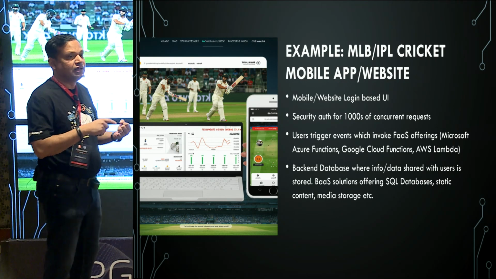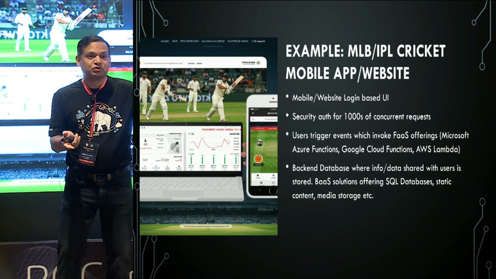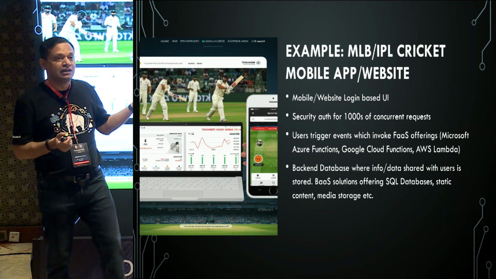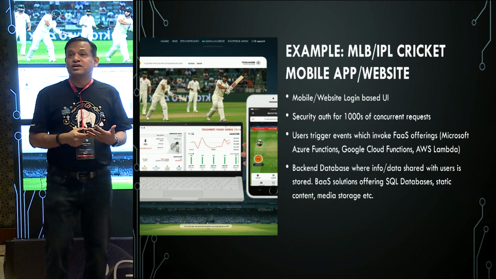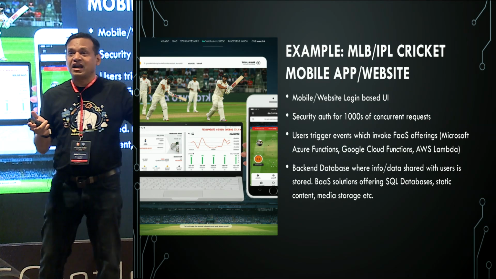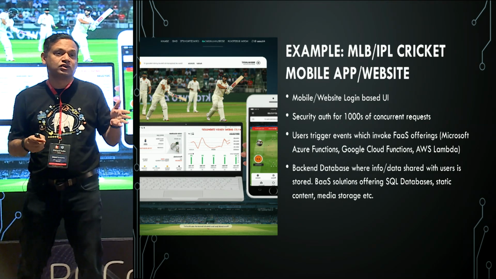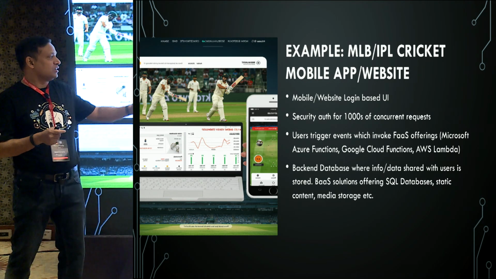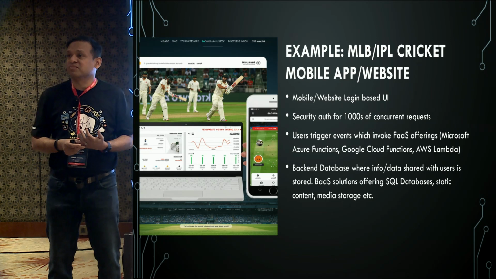You might have a function to work on the discussion board. You might have static images. You might have to connect to a database and run analytics, because people are asking what is the average for Virat in the last 2 weeks, right? So that is where a backend as a service comes in.